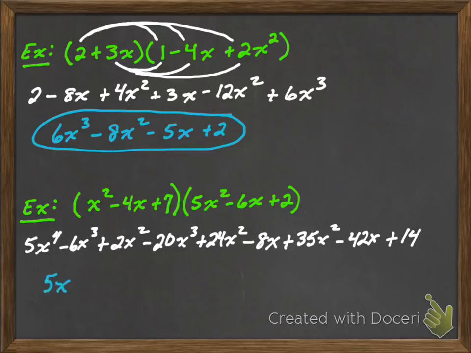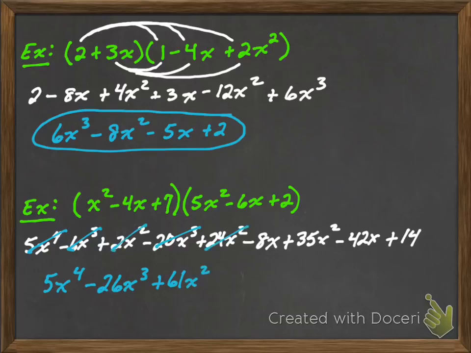Now combining like terms, we have 5x to the 4th by itself. Then we have a negative 6x cubed and a negative 20x cubed, so that's minus 26x cubed. Then we have a 2x squared, a 24x squared, that's 26, and then a 35x squared, so that totals up to 61x squared.